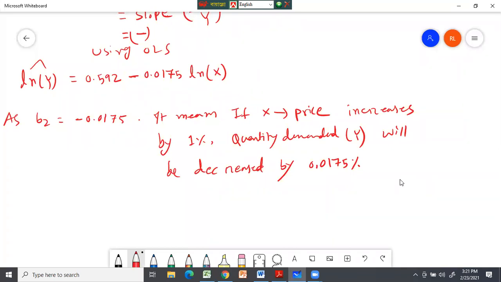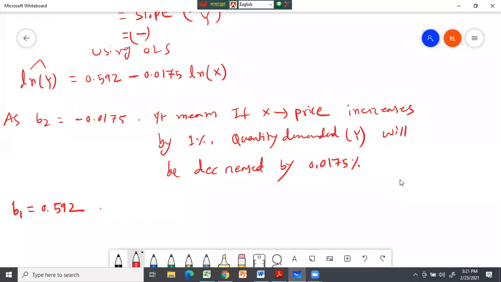Okay. And as B1 is equal to 0.592, it means if there is no impact of the price on the demand or quantity demanded, still the quantity demanded will increase by 0.592%.